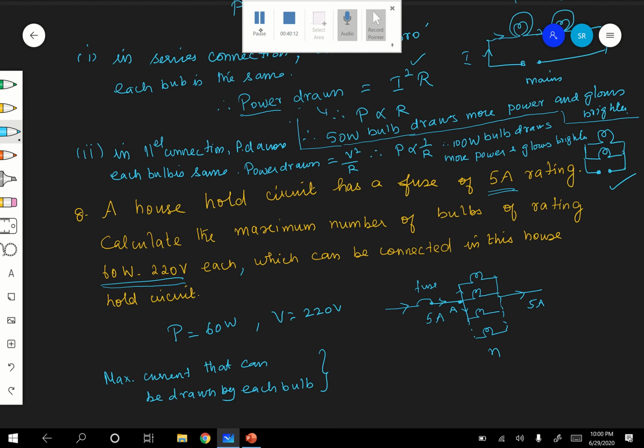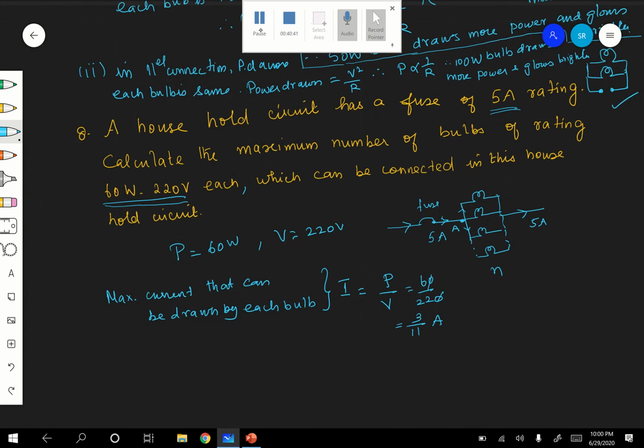Let it be I. That is equal to P by V, haina? P is equal to VI, na? Therefore, that is equal to 60 by 220. Therefore, that is equal to 3 by 11 amps. Correct? Therefore, the maximum current that every bulb can withstand is only 3 by 11 amps.